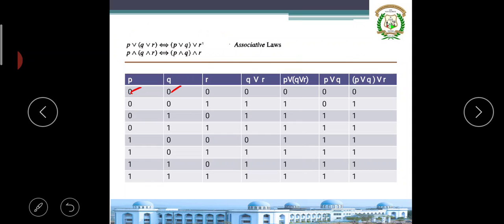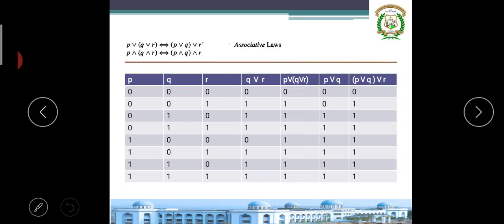0, 0, 0. What is the value of Q or R? 0 plus 0, 0. Again OR with this P, what do we get? 0. Then next P or Q, 0, 0, 0. Then again OR with this R, 0. Like this way, when you fill this table, be careful.